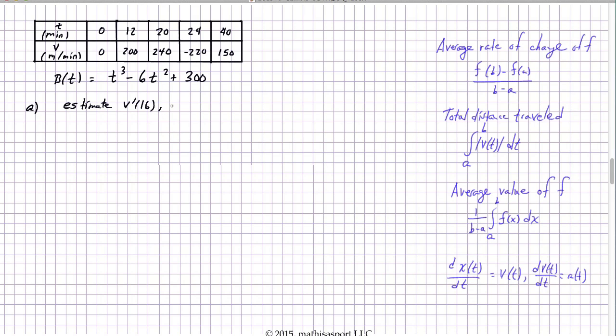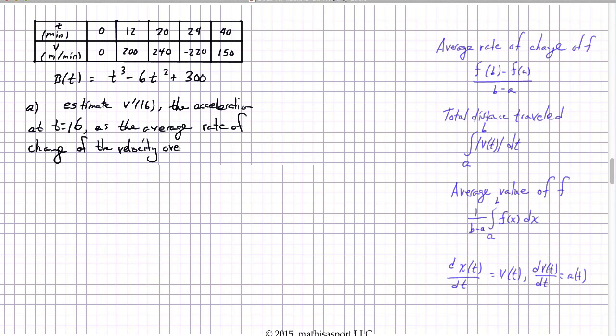Okay, so we're going to estimate v prime of 16, the acceleration at t equals 16, as the average rate of change of the velocity over an interval that includes t equals 16.